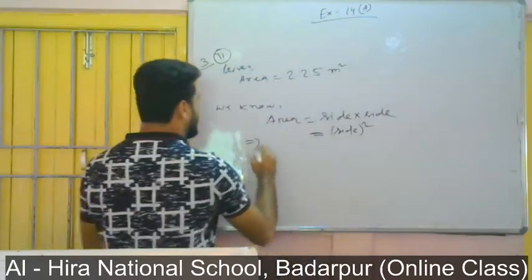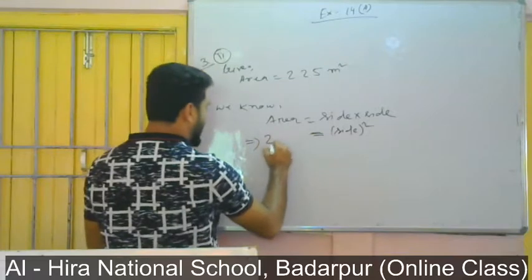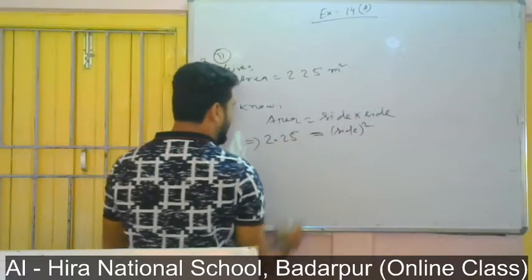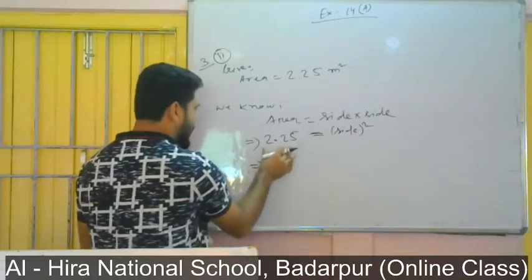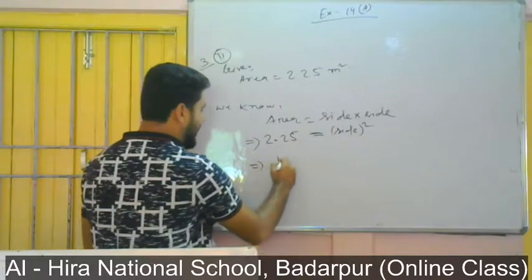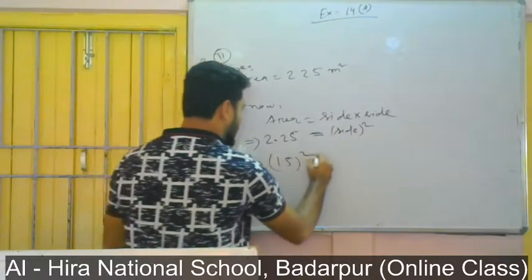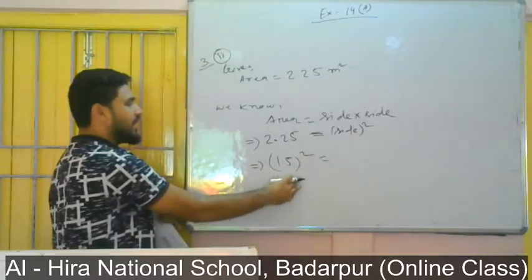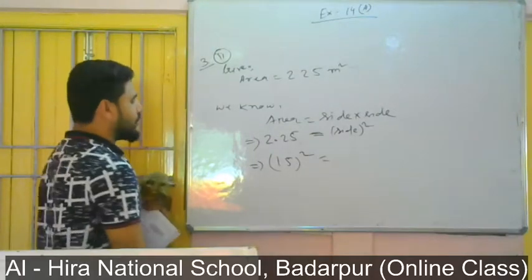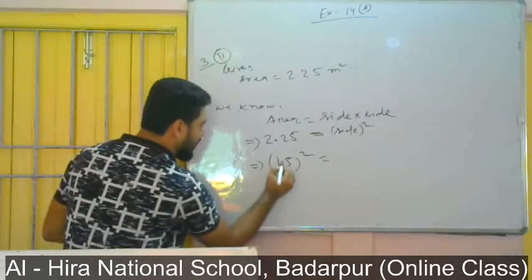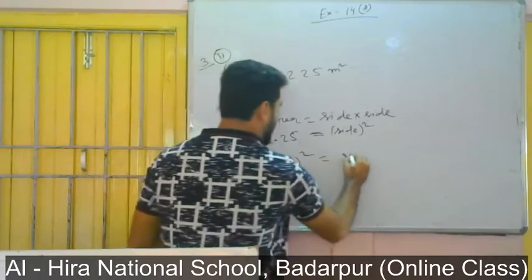So here area will be what? 2.25. Okay, then 2.25 can be written as 1.5 square, because we know 15 square equals to 225. So I can write 15 square.